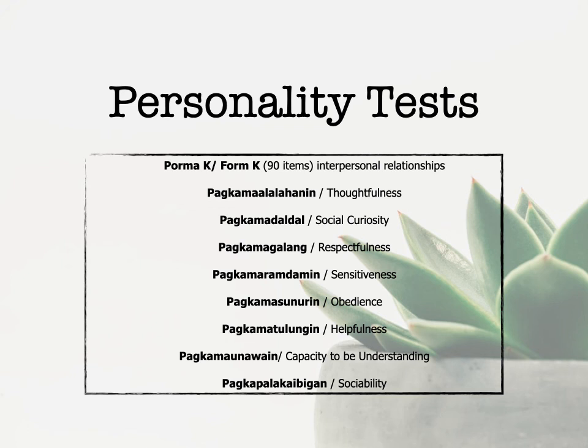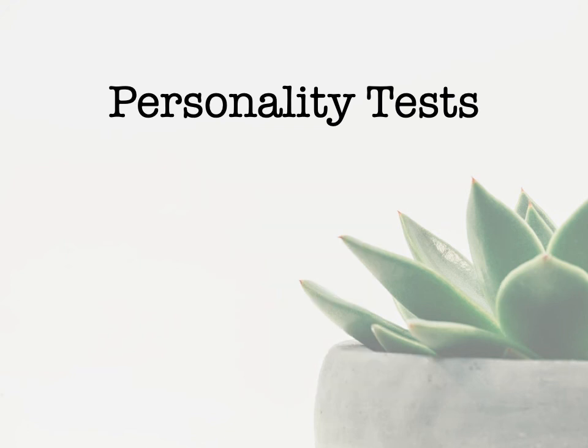You have pagkamaalalahanin or thoughtfulness, pagkamadaldal or social curiosity, pagkamagalang or respectfulness, pagkamaramdamin or sensitiveness, pagkamasunurin or obedience, pagkamatulungin or helpfulness, pagkamaunawain or capacity to be understanding, and pagkapalakaibigan or sociability. Again, these dimensions measure interpersonal relationships.